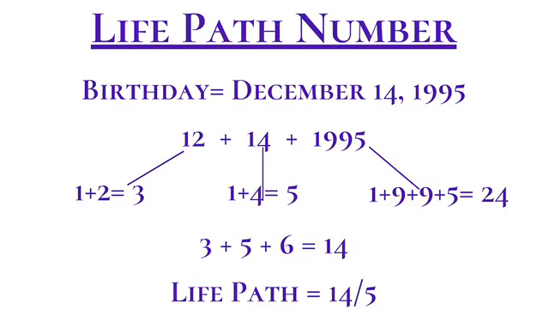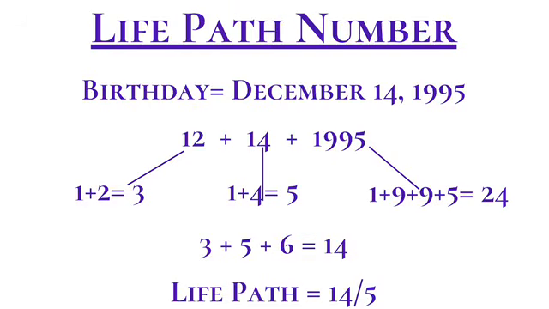So in this example, we have December 14th, 1995. We need to get a single digit for each section first: a single digit for the month, a single digit for the day of the month, and a single digit for the birth year. And then once we get a single digit for each one of these, we can add these 3 together.